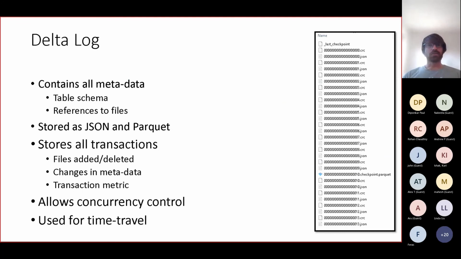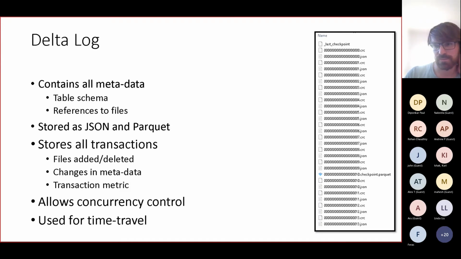So the Delta log is used for transactions. Each and every transaction that you do is recorded as a JSON file. So when you do an insert, an update, a delete, or a merge, each of those would be a separate JSON file containing all the information that's necessary to process the data. After 10 transactions, by default, a so-called checkpoint file will be created, which is a Parquet file, and that contains all the previous transactions.